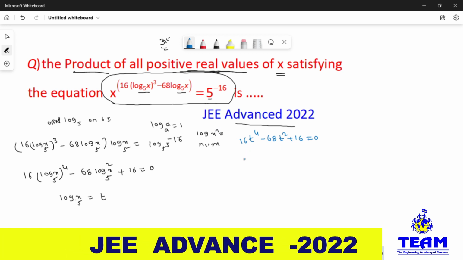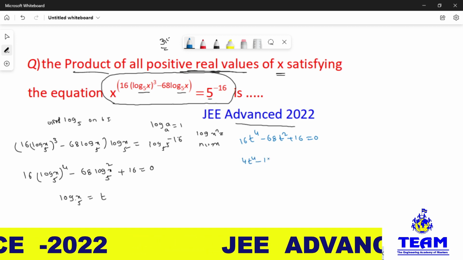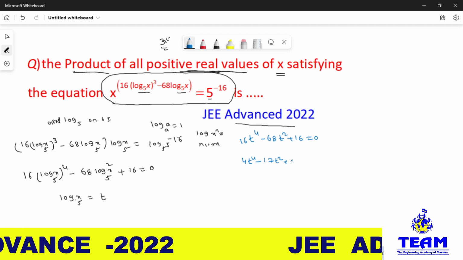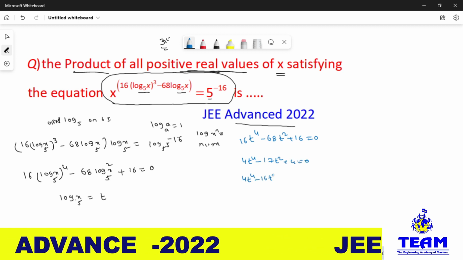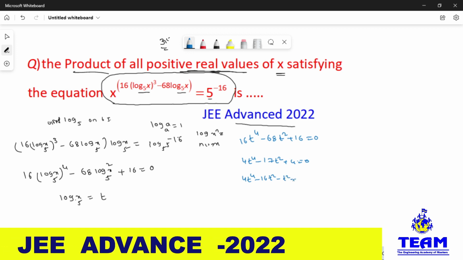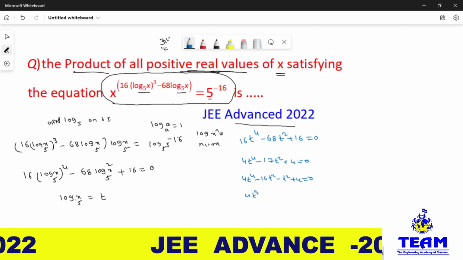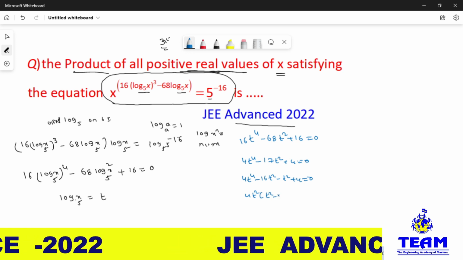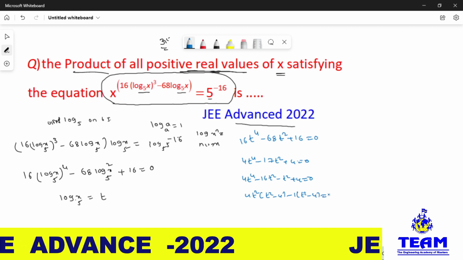If I take 4 common, I have 4t power 4 minus 17t square plus 4 is equal to 0. So 4t power 4 minus 16t square minus t square plus 4 is equal to 0.